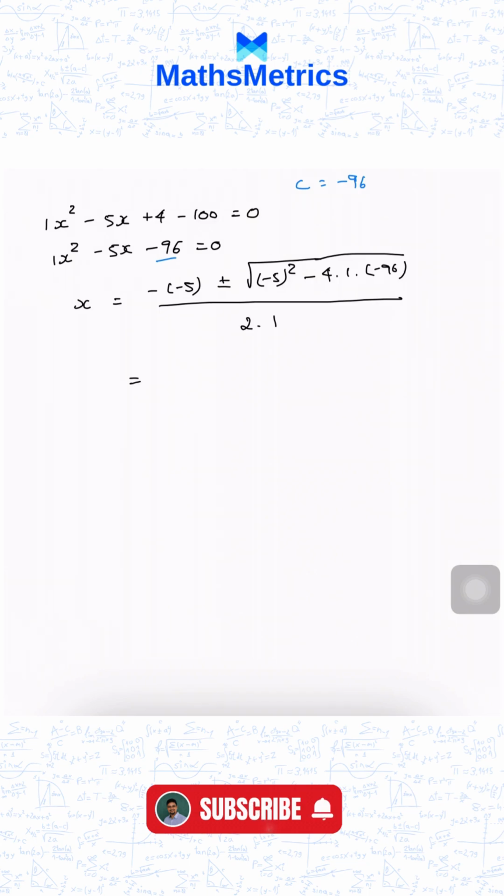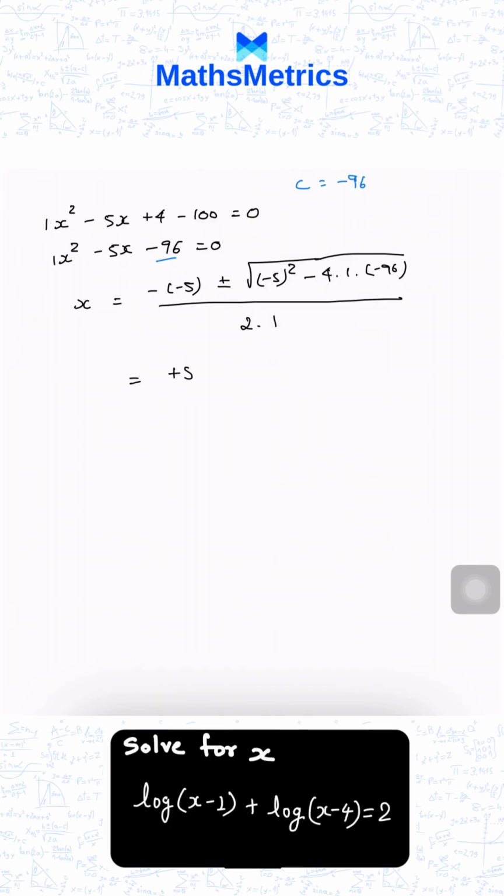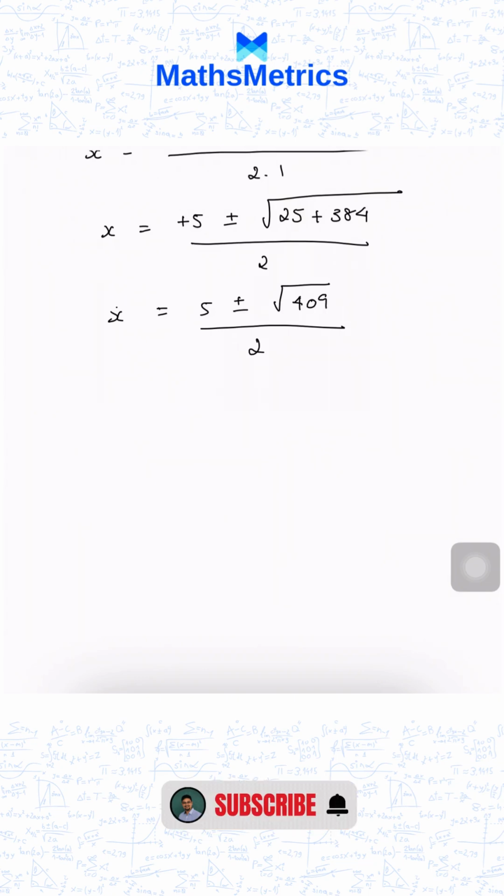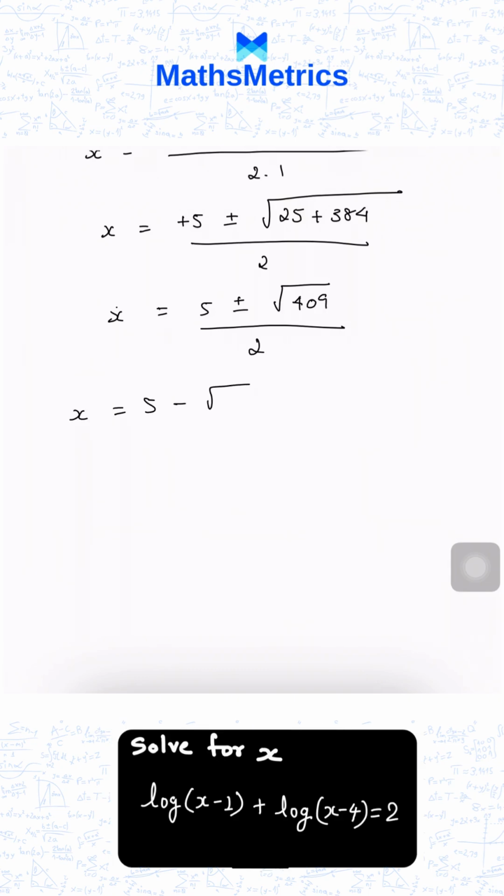The equation becomes minus into minus 5 is plus 5 plus or minus square root of 25 plus 96 into 4, that is 384, divided by 2. x equal to 5 plus or minus square root of 25 plus 384, that is 409, divided by 2. So now x can be equal to 5 minus square root of 409 divided by 2, or x can be equal to 5 plus square root of 409 divided by 2.